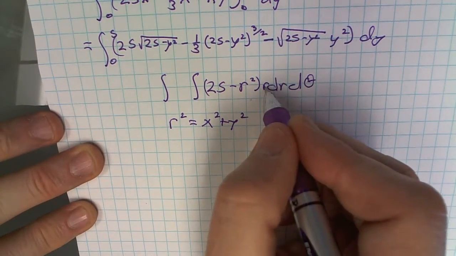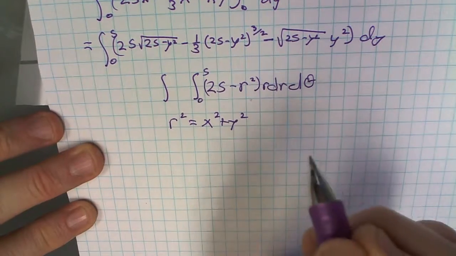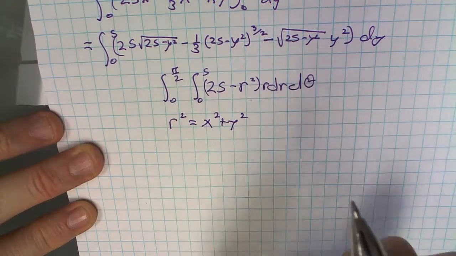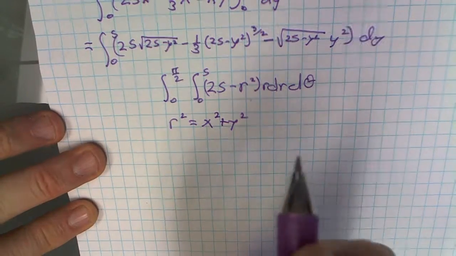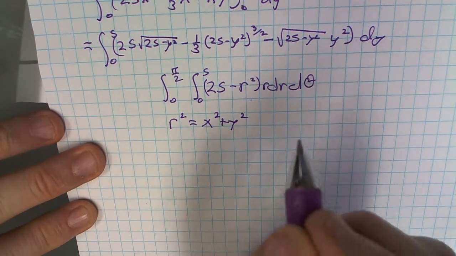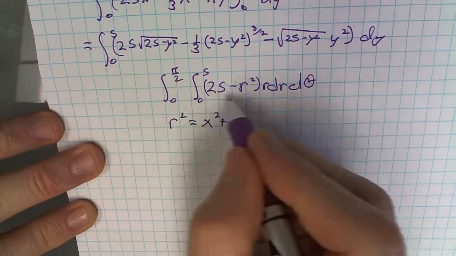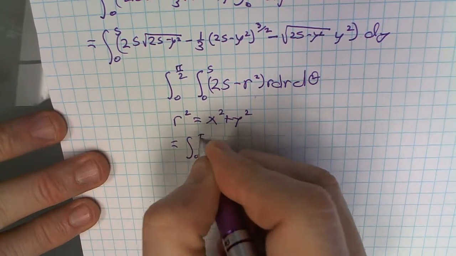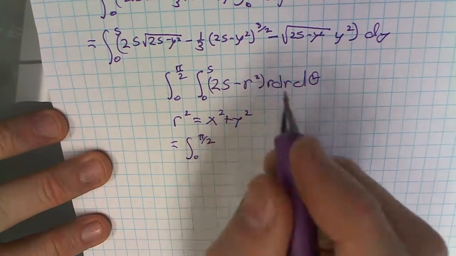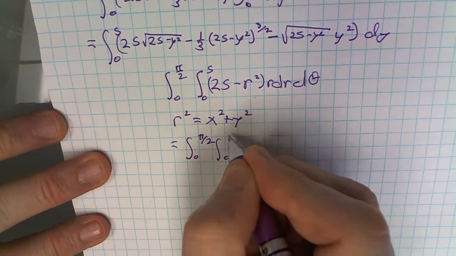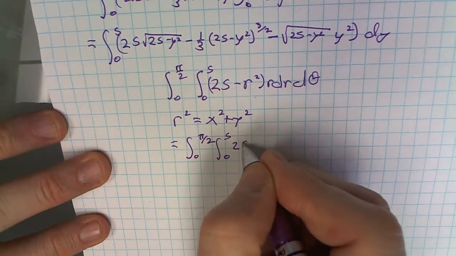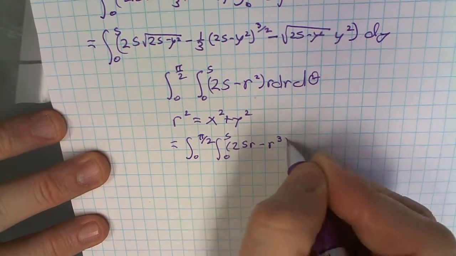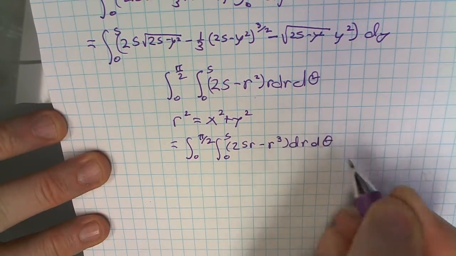The radius goes from 0 to 5, and theta goes from 0 to pi over 2, because we're just doing the first octant. Notice how much easier an integral we have. Let me simplify it a little before I start integrating. This is 25r minus r cubed, dr d theta. I just distributed the r through.